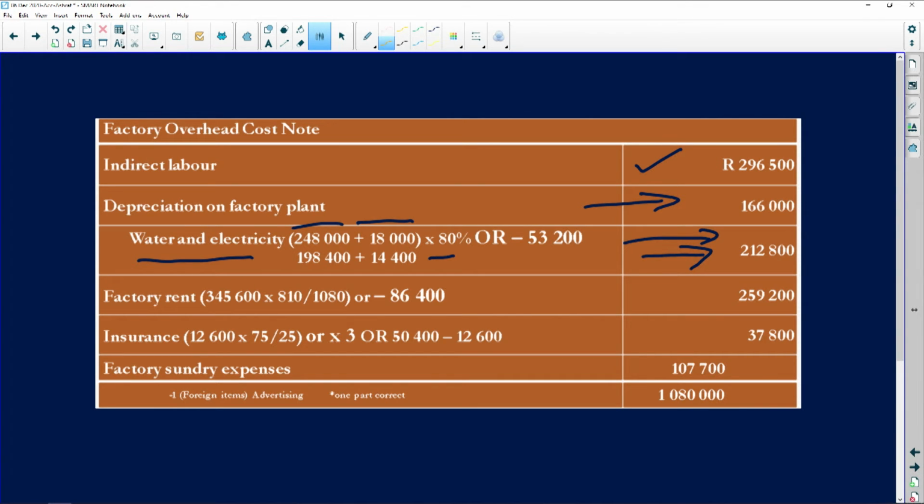You take your factory rental, which was 345,600 times 810 over 1080. And I showed you how I got the 1080, right? And once you do that calculation, you get a figure of 259,200. So the important part of this calculation is to identify the total floor space and then the factory component, multiply it times 810 over the total floor area of 1080.